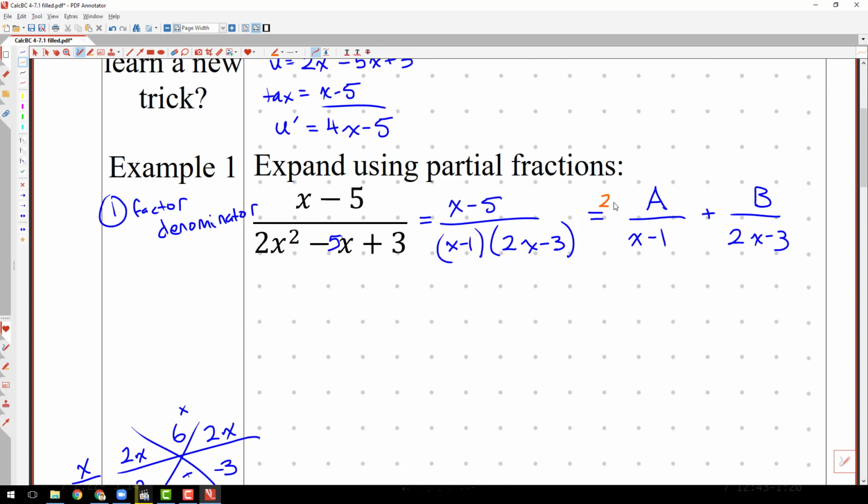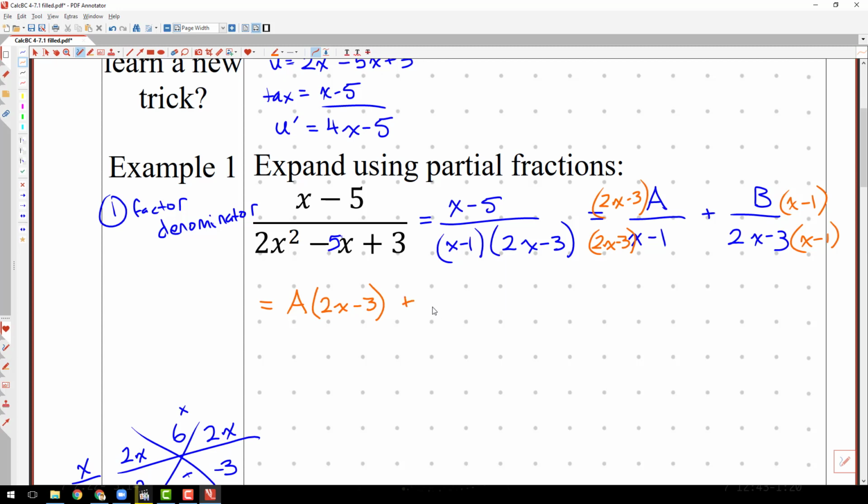So I'm multiplying 2x minus 3, and I can't just do that, I have to do 2x minus 3 in the denominator as well. And similarly, this right hand side is going to be times x minus 1 over x minus 1.